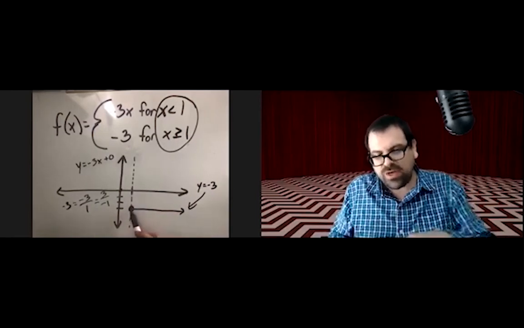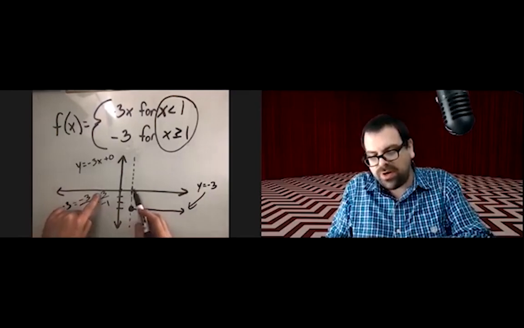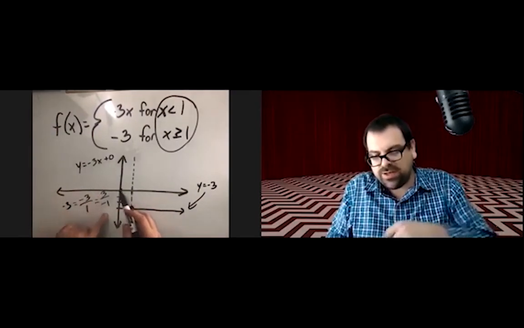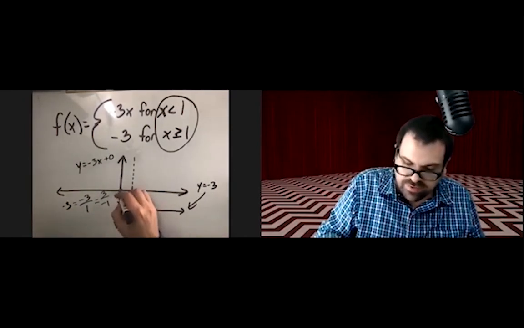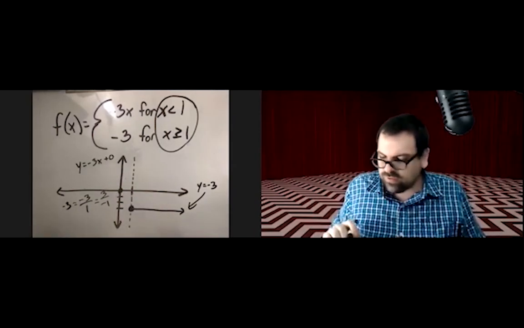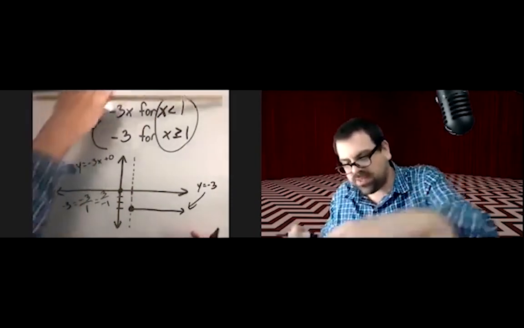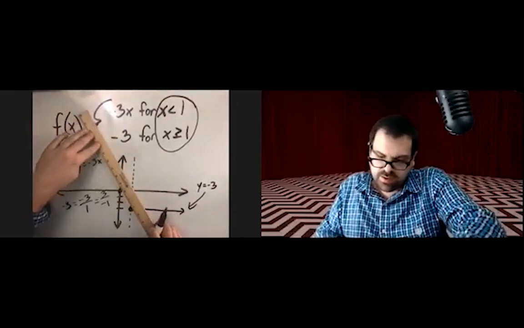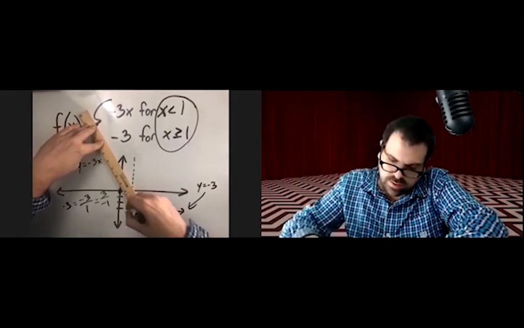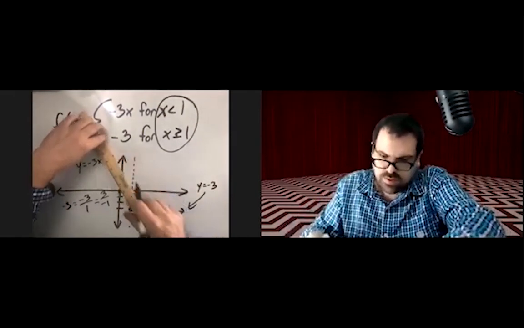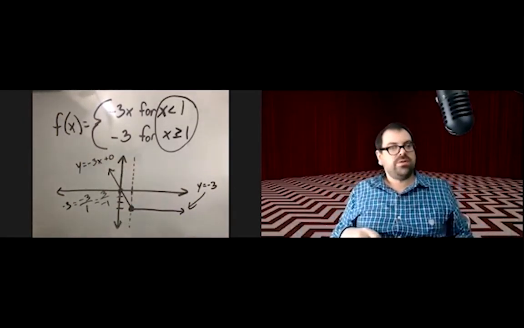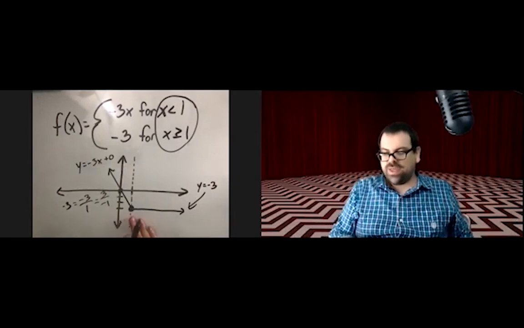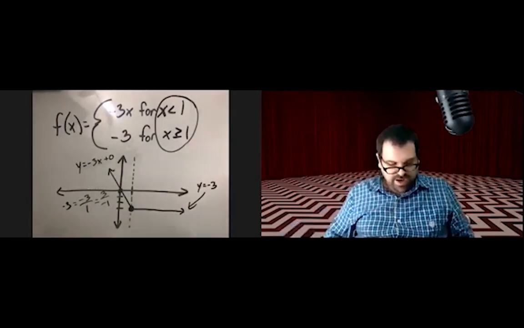So we have to know that we could also go up 3, left 1 to get our next point. So either way, from the y-intercept, if it's on the right side, or from the slope, we get our second point. And we draw our graph off. So this is that graph.